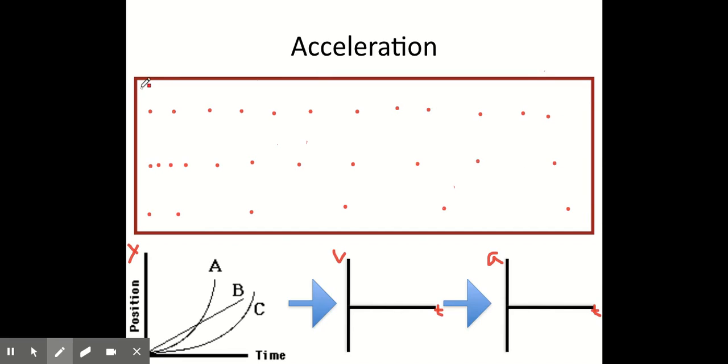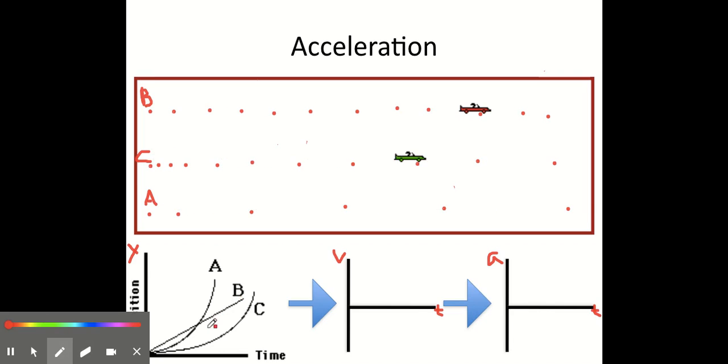All right, hopefully you figured that out. But the red car is actually car B. The green car is car C, and the blue car is car A. And hopefully you can see that. So car A takes off really fast. Car C takes a little bit more time to get going, and car B is nice and constant the entire time.